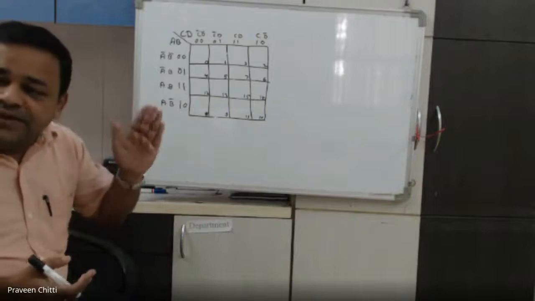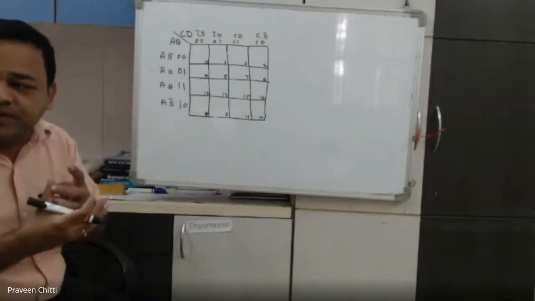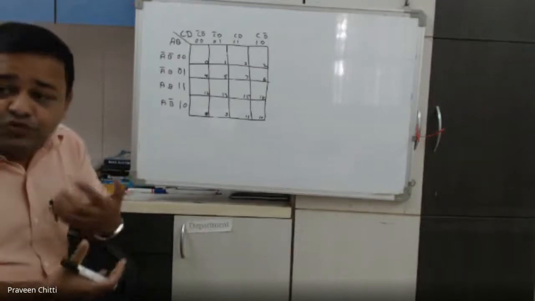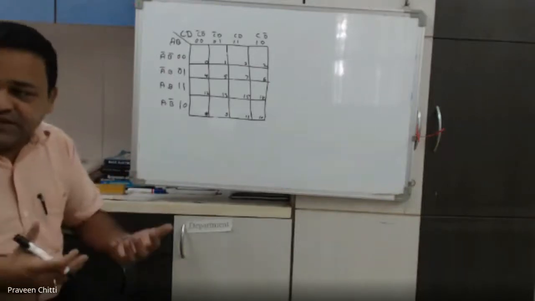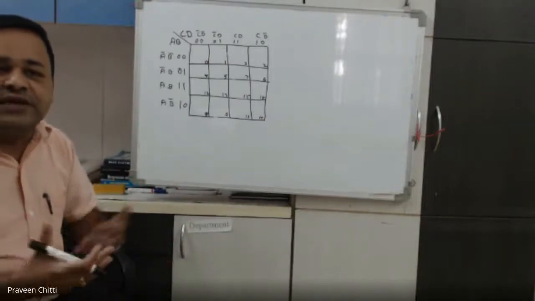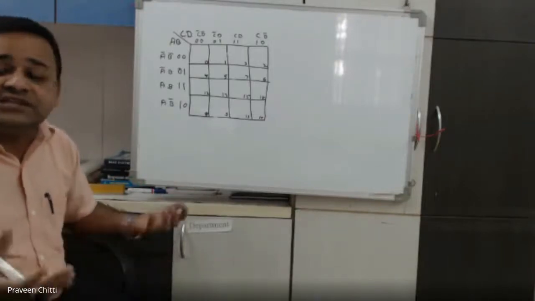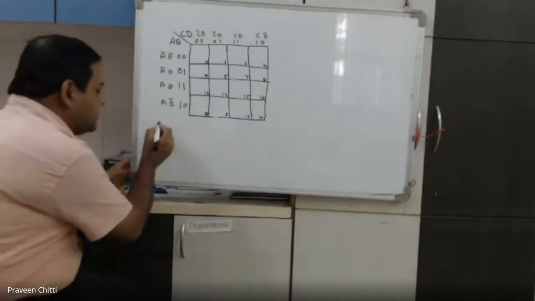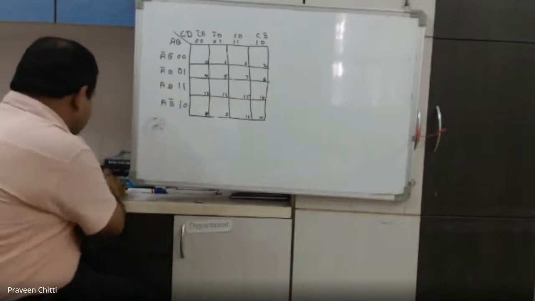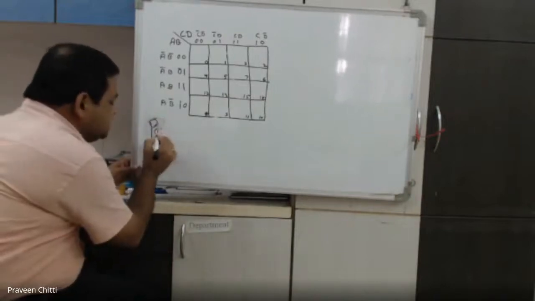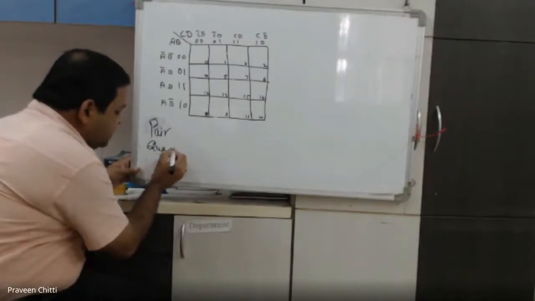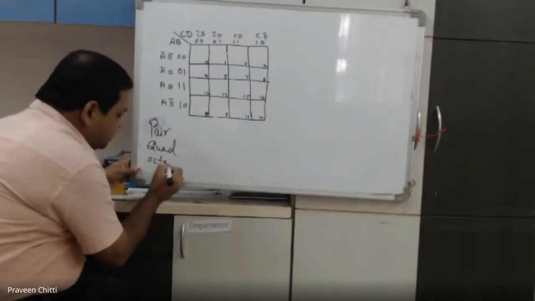So if you want to eliminate variables, you have to form a group of 2 ones, or a group of 4 ones, group of 8 ones, or group of 16 ones, and accordingly you can go on eliminating the literals present in the different product terms. Forming the group is called a pair, then a quad, then an octet.